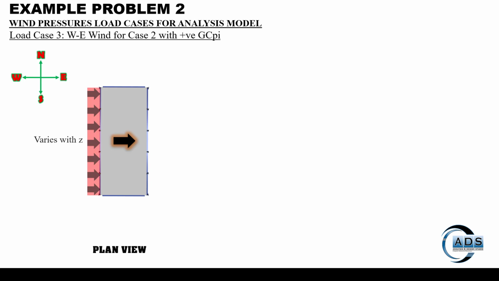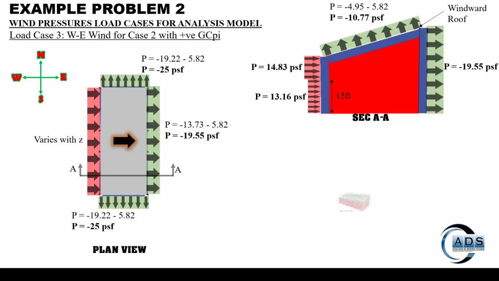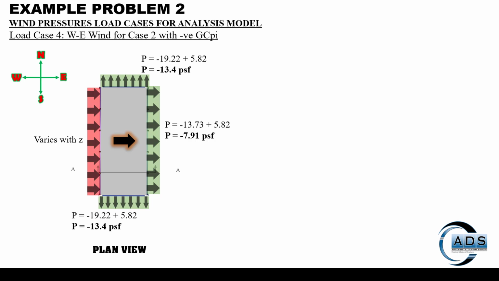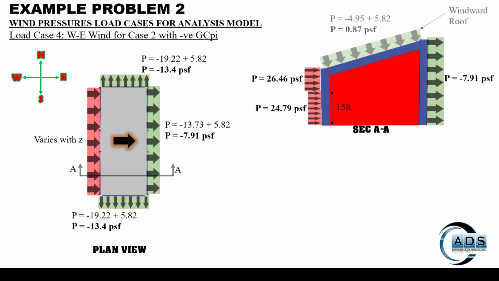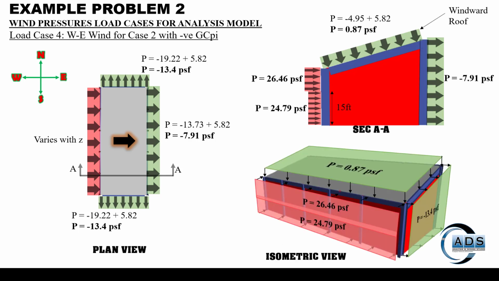Similarly, for load case 3, when wind is blowing from west to east, case 2 with the positive GCPI, and for load case 4 with the negative GCPI. Here we can see that on the roof it is positive pressure now, so it is acting towards the surface. In the isometric view we can see that.